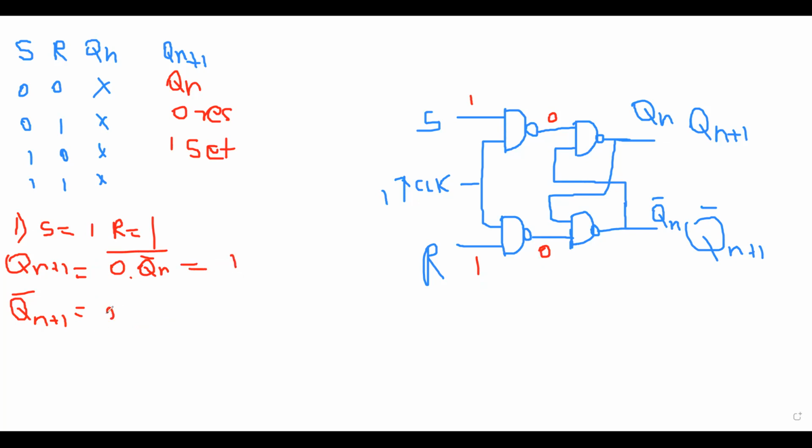Then here 1 into Qn whole bar, here also we get 0. So this is also the indeterminate state, as we saw before in the latch also. So these are the outputs for these inputs, and here's the diagram for the SR flip-flop.